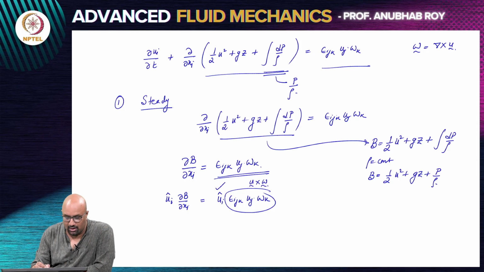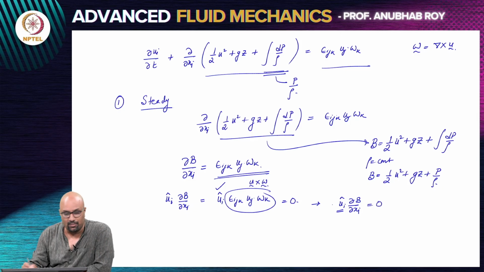So, when I dot it with u, I am going to get 0. So, what this says is that the gradient of b along the unit vector given by the velocity field is 0.